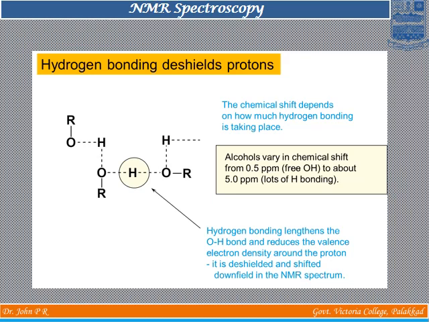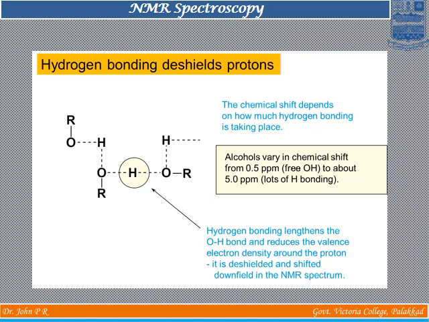See the figure? The hydrogen bonding actually will lengthen the OH bond. The same thing is explained in the case of IR spectroscopy as well. As the bond gets lengthened, what does it mean?